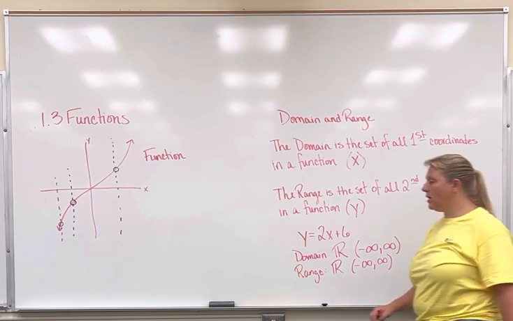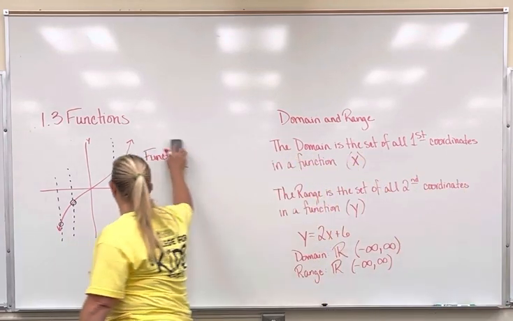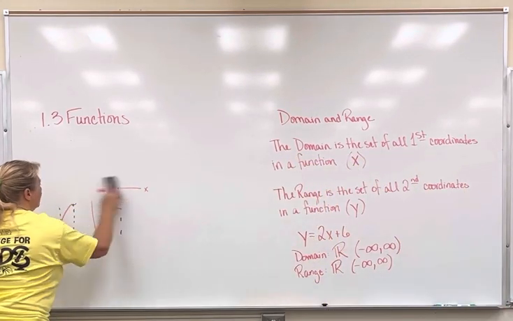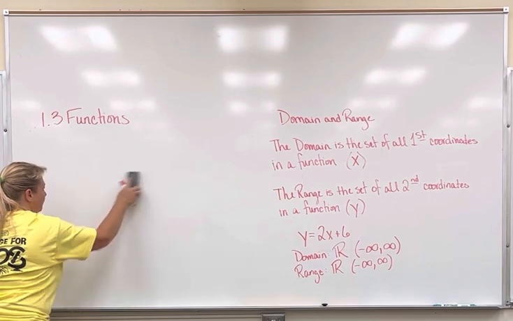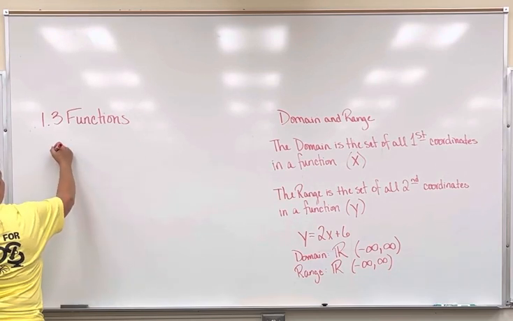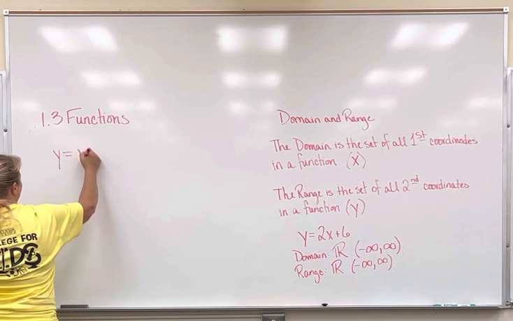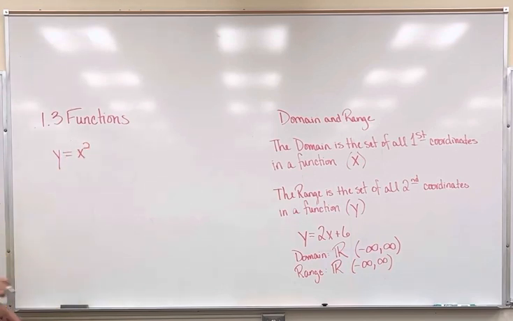But let's look at another one that doesn't quite work that way. So what if we had y equals, and let's just go easy here and say x squared. Okay, y equals x squared. Now, we're only interested right now in just what's the domain and the range. So we'll say domain.